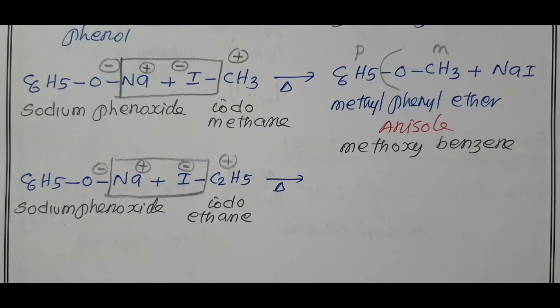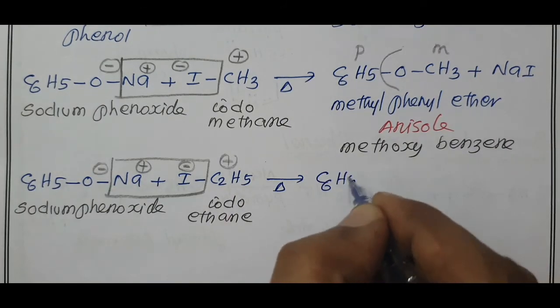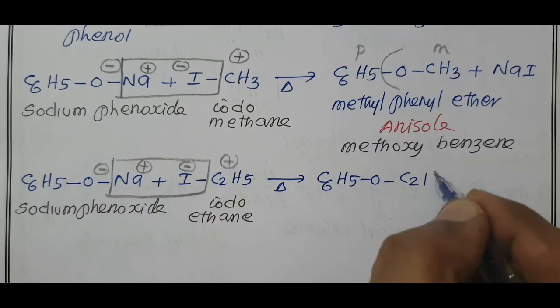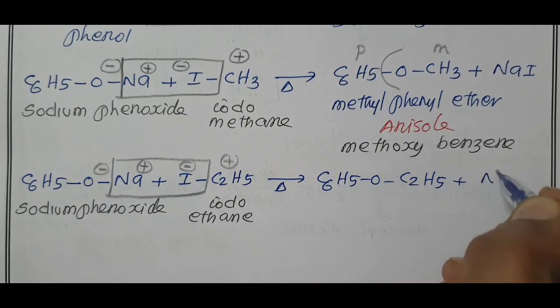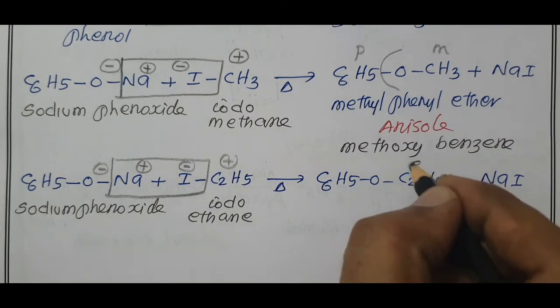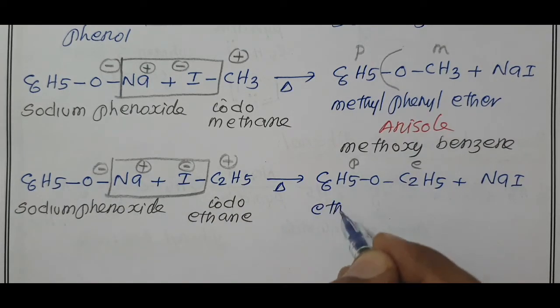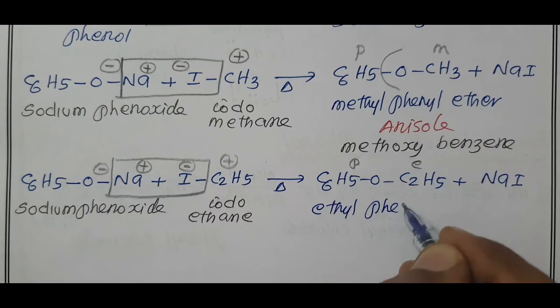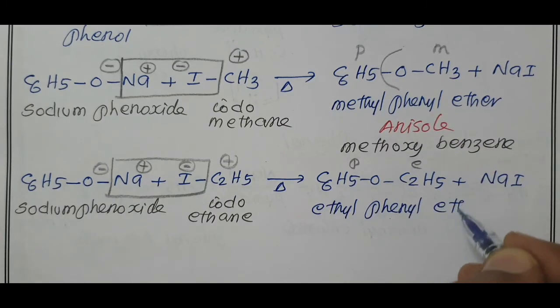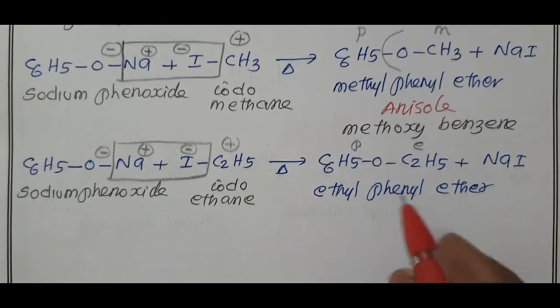Nucleophilic substitution gives the product C6H5OC2H5 with the loss of NaI. This is one ethyl group and this one is the phenyl group. So the common name in alphabetical order is ethyl phenyl ether, and ethyl phenyl ether is also called phenetol.